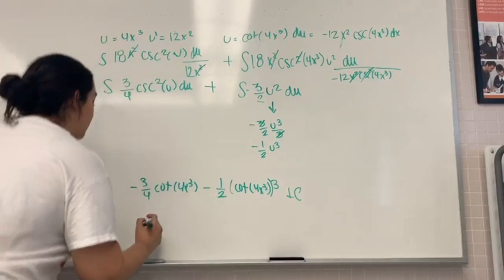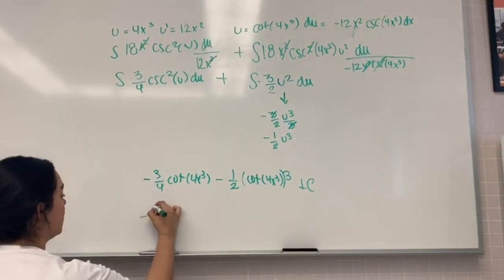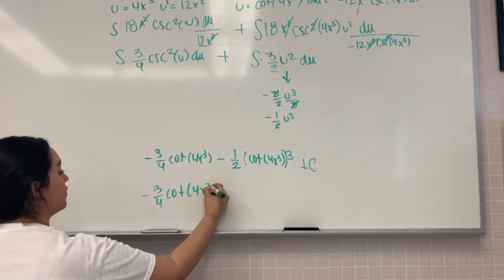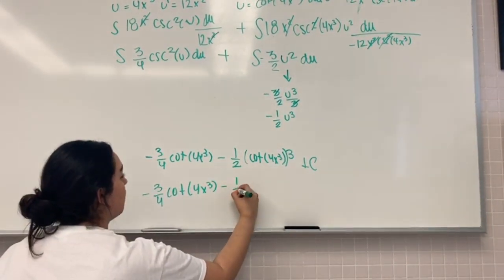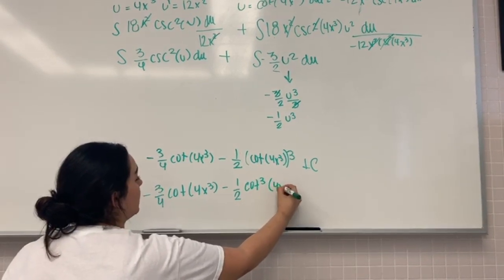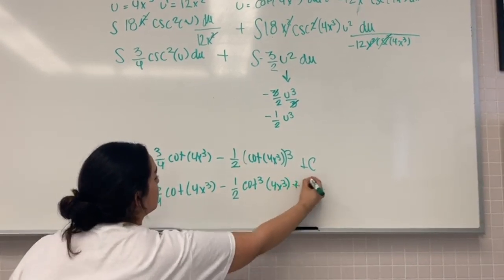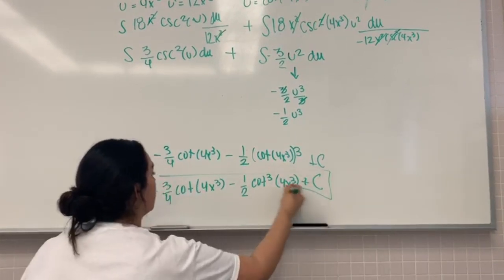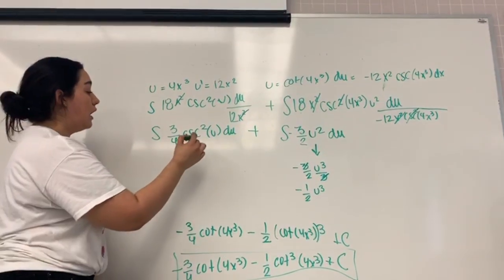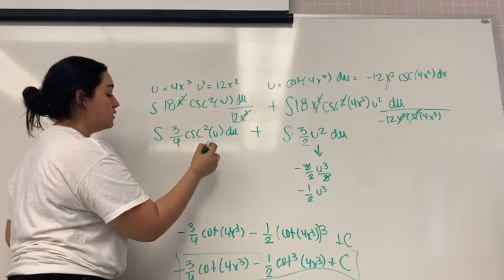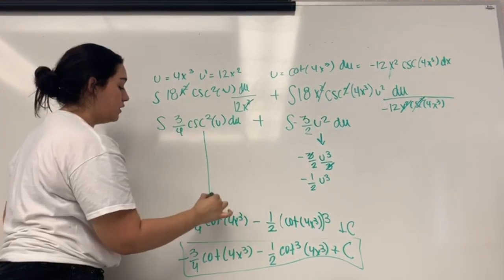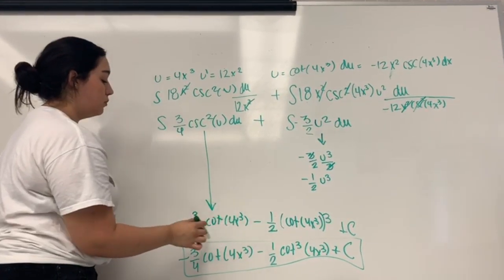Also, you could rewrite this as negative 3 over 4 cotangent of 4x to the third power minus 1/2 of cotangent cubed of 4x cubed, plus c. And this is your final answer. How we got from cosecant squared to cotangent is the rule of antiderivative. So you just put cotangent.